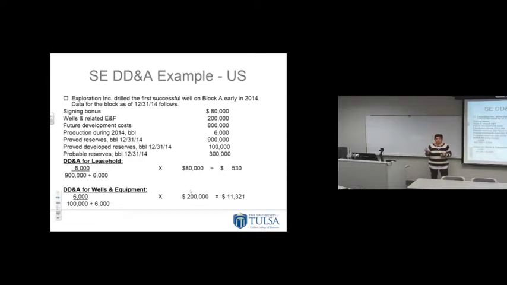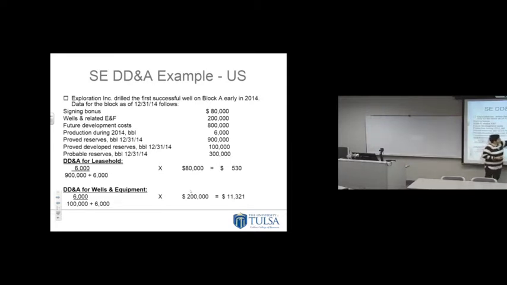Maybe those changed a little differently than they thought they were going to change over the year. And so if they knew then what they know now at 12/31/14, gee, if I knew that at 12/31/13, I would have made different estimates. So the best way to get to the estimated beginning of period or beginning of year reserves is to take my reserves now. That's the best, using the best information the engineers have.